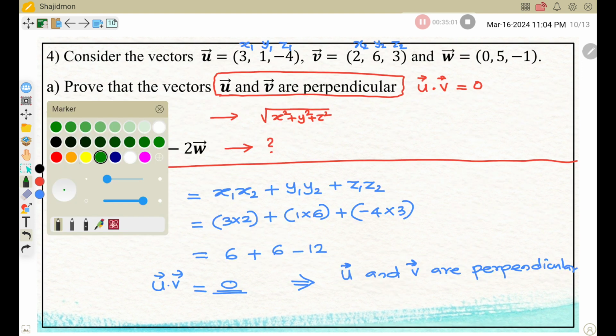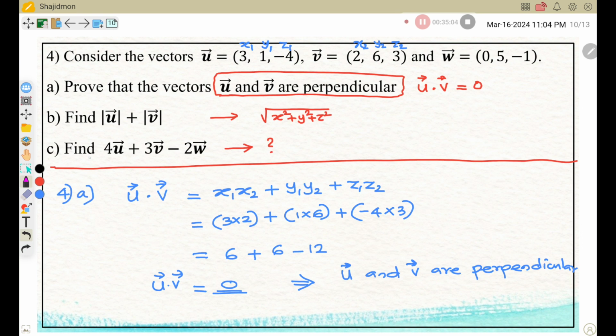Now I will go to the third part of the question. What is the third part? We need to calculate 4 times vector u plus 3 times vector v minus 2 times vector w.